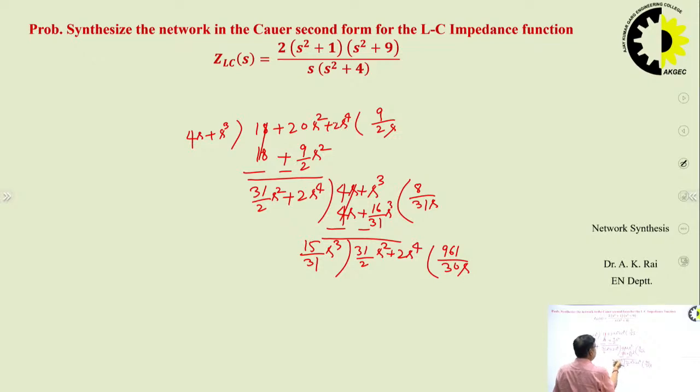If we multiply this with this, we get this. So this is coming 31 by 2 s squared, cancel, then twice s to the power 4, then 15 by 31 s squared.